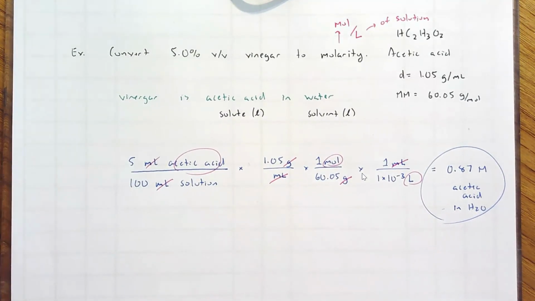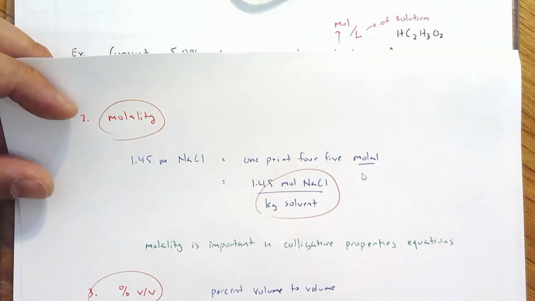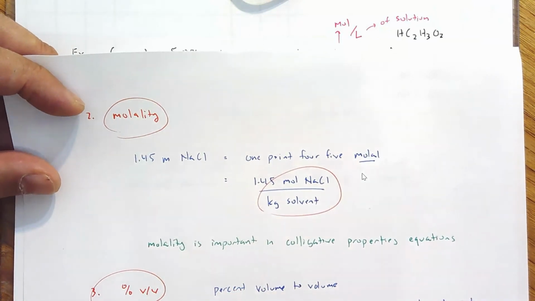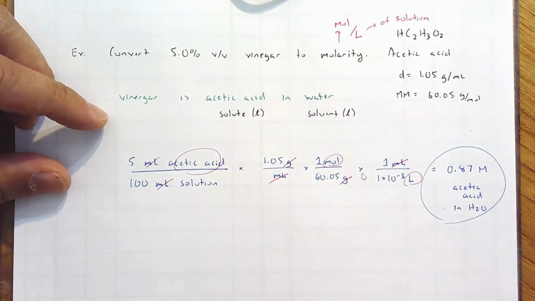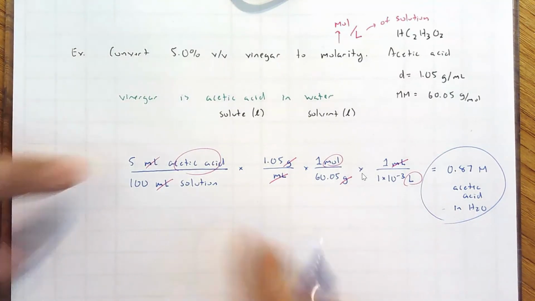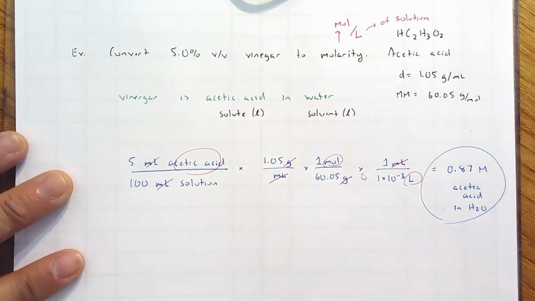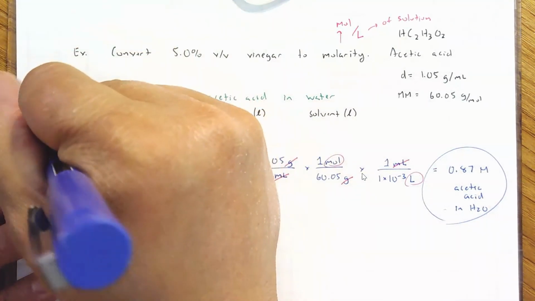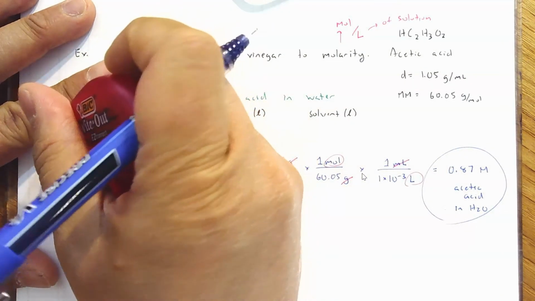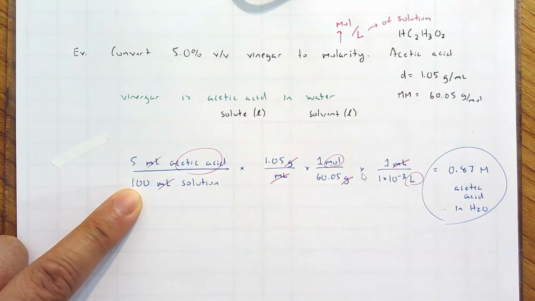On your own, convert that into molality. That is a challenge because now for molality we have to figure out kilograms of solvent. Super challenging because we have to subtract out the acetic acid that we have. Now, before I end this video, what did I do here? I pretended that I had 100 milliliters of solution.